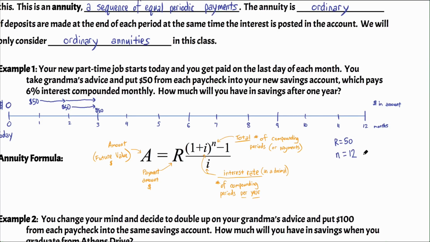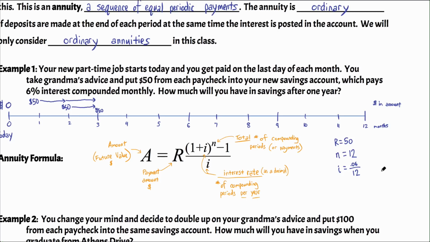If we were doing it for 2 years, then we would put 24 in that place, since it would be 24 compounding periods over that time. We're just looking at 1 year. And then our I variable, which again is the interest rate, 0.06, over the number of compounding periods per year. We're compounding monthly, so that's over 12.